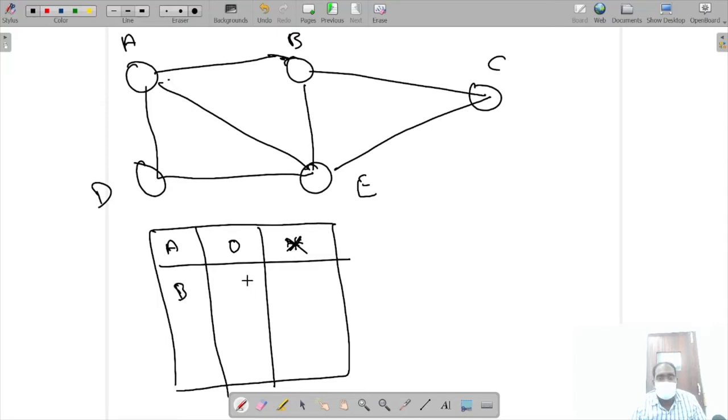And I can reach B at a distance of 1, and the next hop is B. To reach D, I can do it at a cost of 2, and the next hop is D itself. To reach E, the cost is 3, and the next hop is D. To reach C, I can do it at a cost of 4, and the next hop is D. This is the routing table for now.